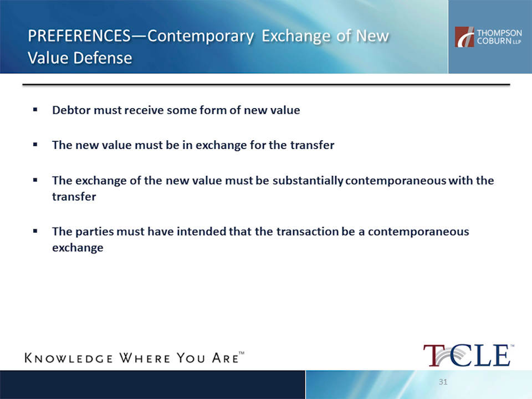But nonetheless, you may be able to defend that payment from avoidance by invoking this defense and essentially demonstrating that the clear intent of the parties was for there to be a contemporaneous payment as the goods were received, and the other requirement is that you show that the exchange was substantially contemporaneous. It wasn't exactly contemporaneous, but it was substantially contemporaneous. So again, that's a fairly narrow defense.